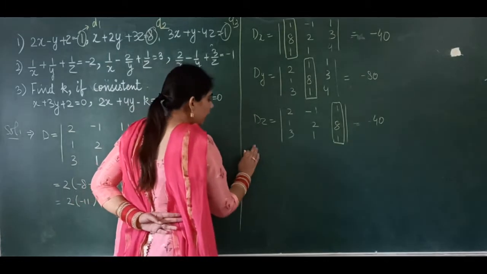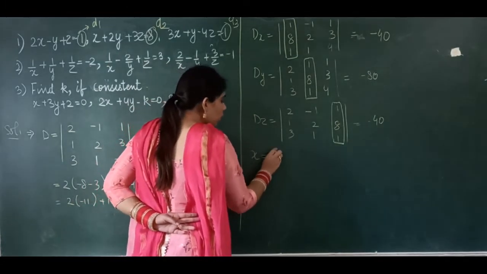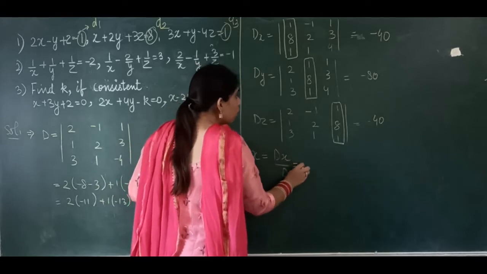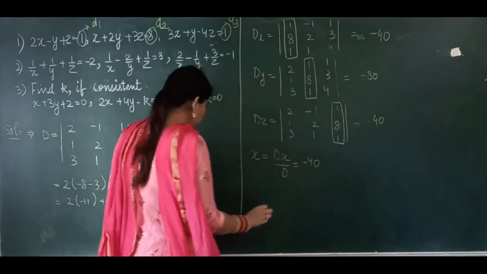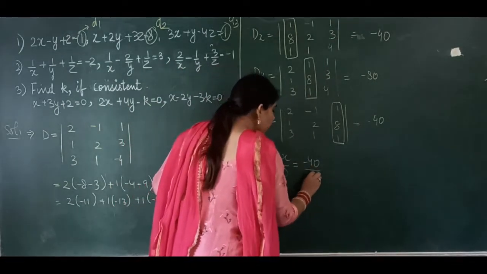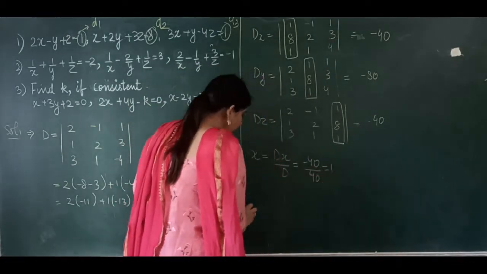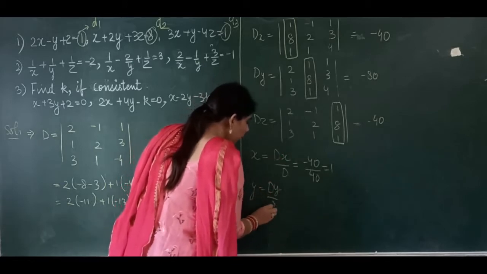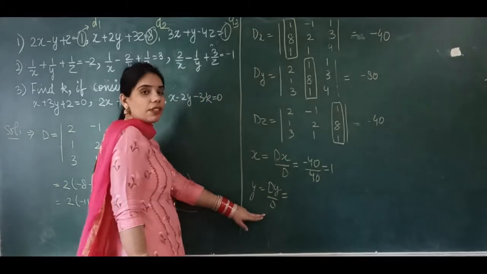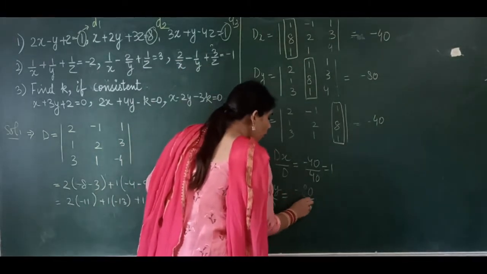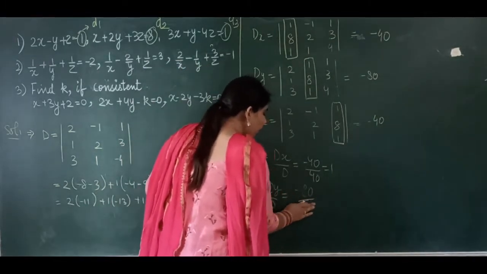To find x, the formula says it is dx upon d. My dx is minus 40, my d is minus 40. It comes out to be 1. Y is dy upon d. dy is minus 80 upon minus 40.